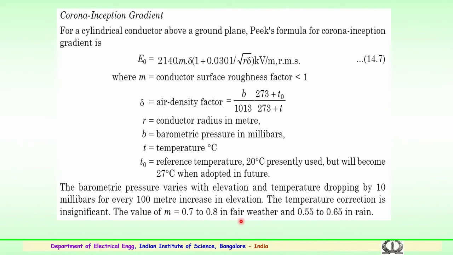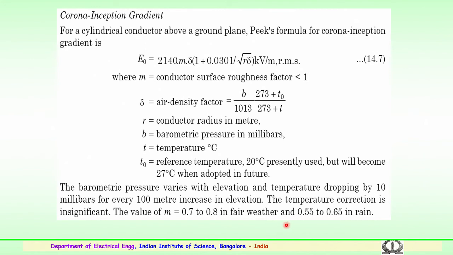So, the value of m, the conductor surface roughness factor which I was mentioning, should be less than 1. The value of m is generally chosen to be 0.7 to 0.8 in clean weather conditions, that is fair weather, what we call the normal condition: no rain, no fog, dry conditions.